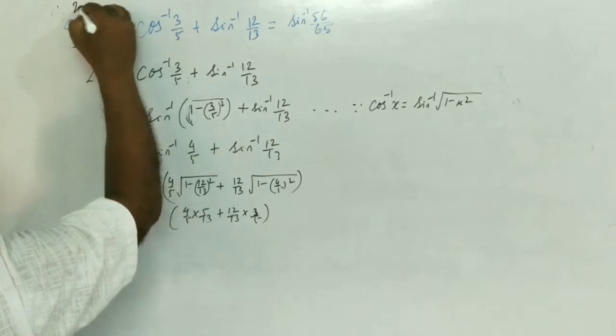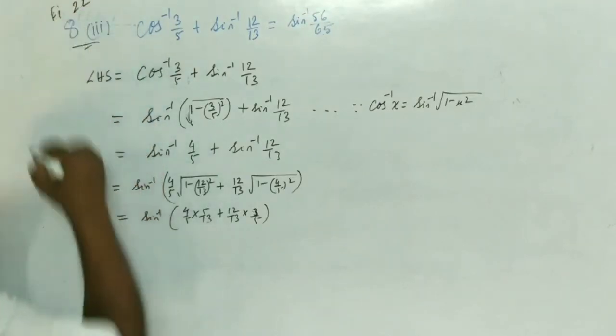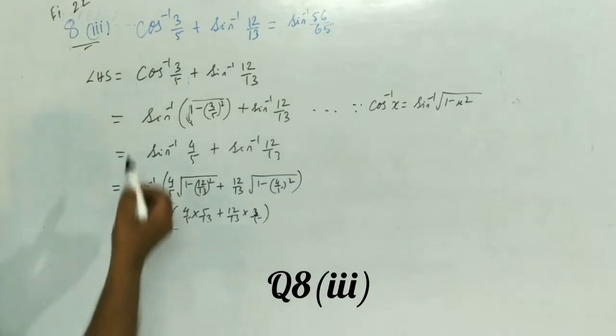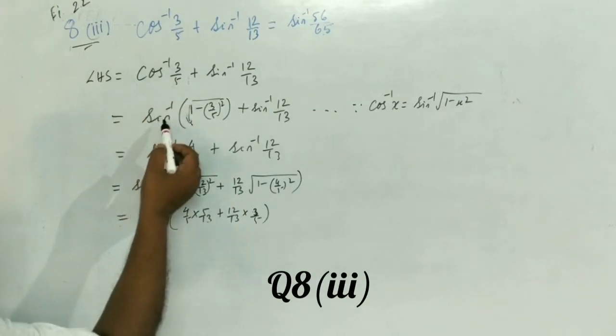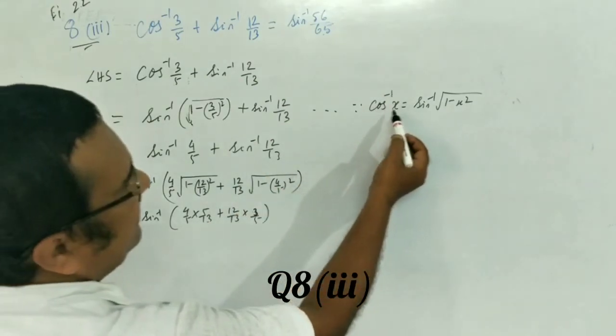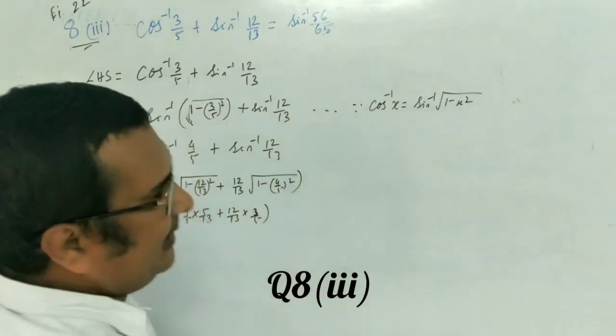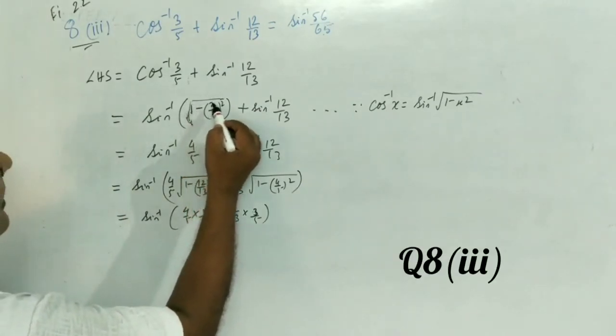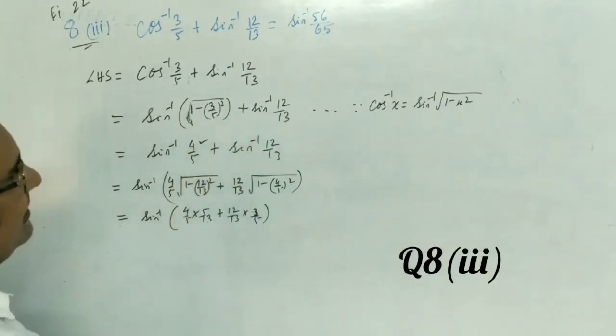8th, exercise 2.2. So LHS is this. I need to convert cos inverse to sin inverse because the result is in sin inverse. We know cos inverse x is sin inverse root of 1 minus x square. We have proved it. So 1 minus 9 by 25, I get this.